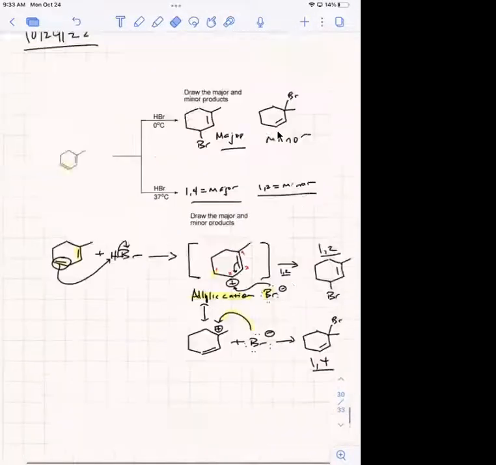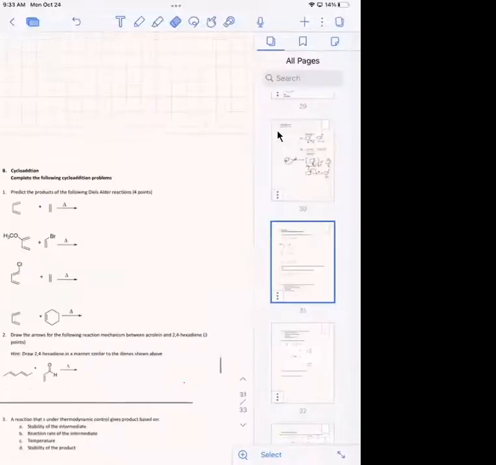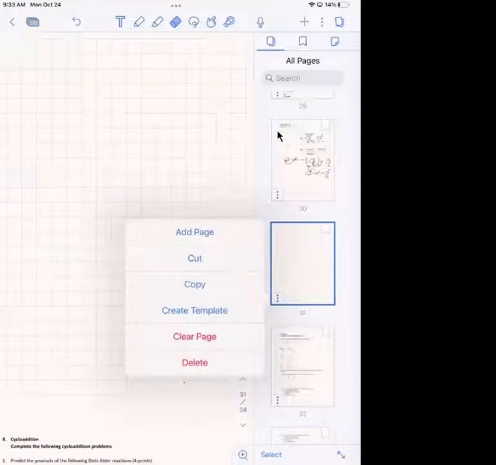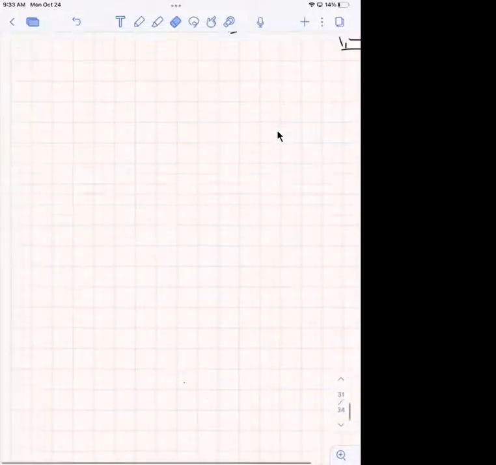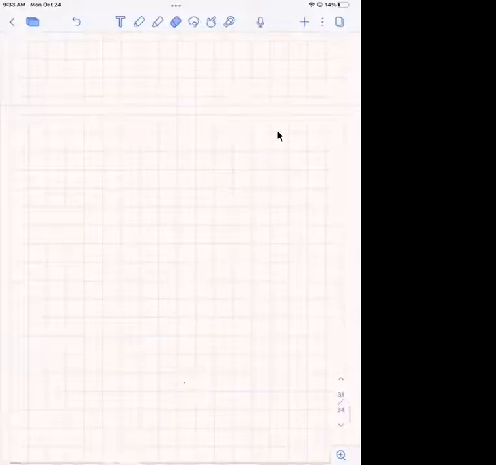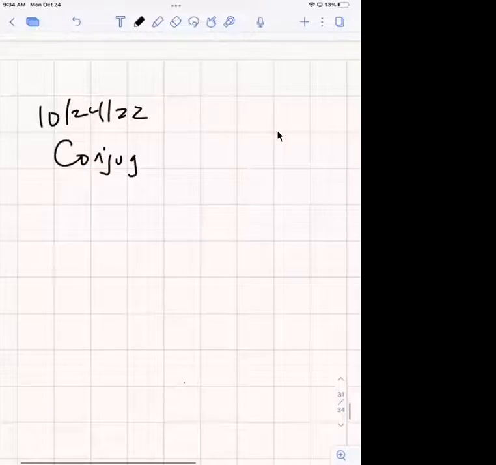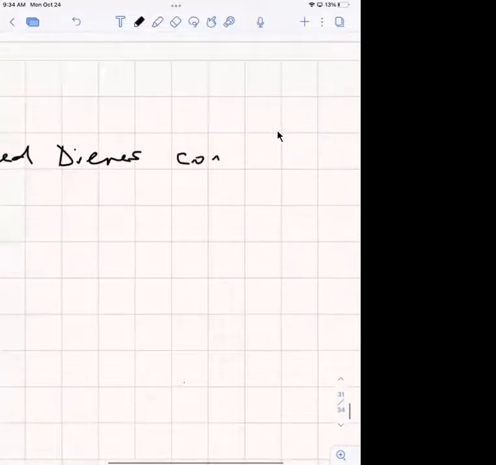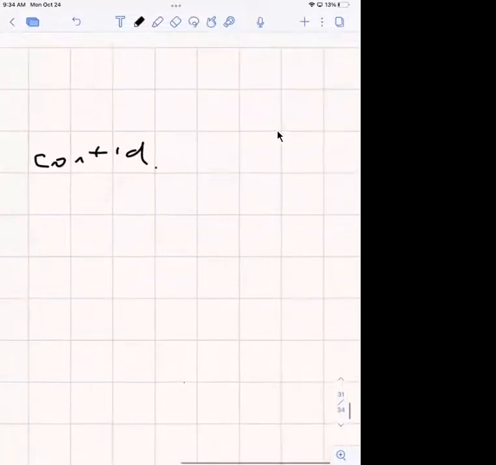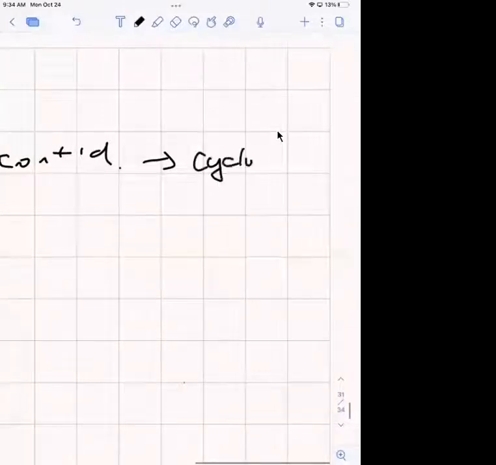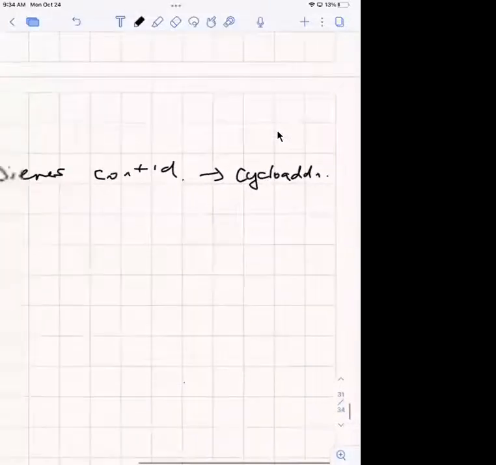So let's jump into this next section dealing with cycloaddition, and I'm going to just introduce you to that first, and then we'll go from there. We're going to look at cycloaddition.